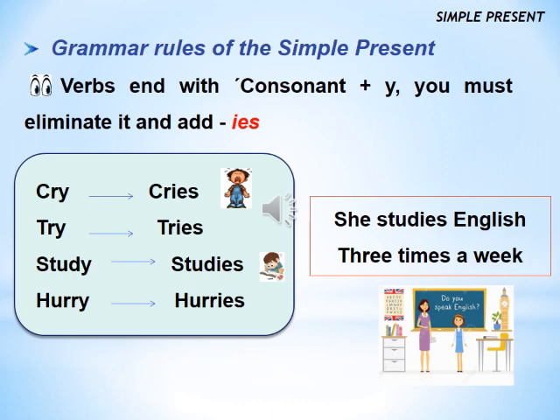The sentence says she studies English 3 times a week. You can look at the verb change because we use the third person singular.